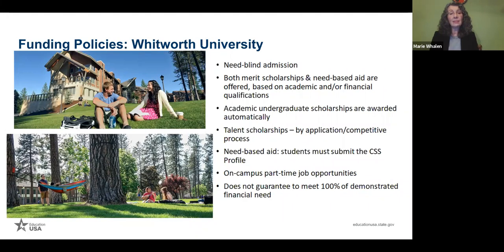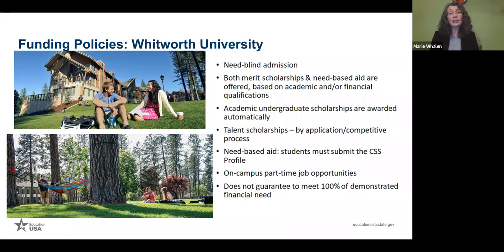We do not accept the ISFAA. We did in the past, but we found the profile to really be more helpful to us in accurately assessing student need, to also help students, because we do not guarantee to meet 100% of demonstrated need.